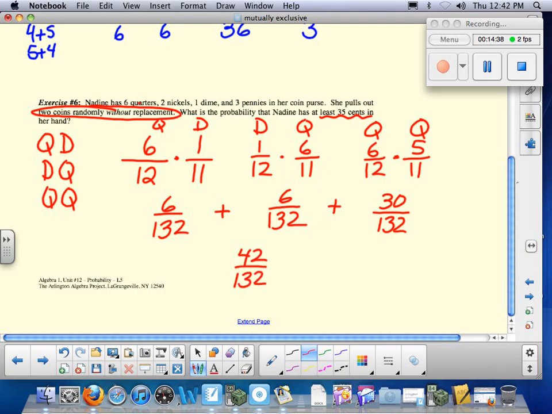And this one, just because it was kind of a cool thing, because I'm kind of weird like that, I did reduce. Right, 7 out of 22 chances. 7 out of 22 times, she'll end up with at least 35 cents.